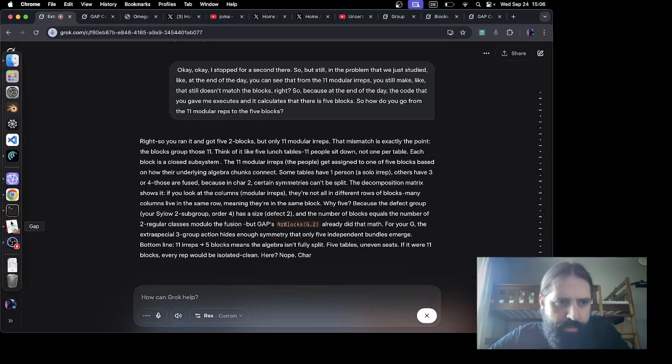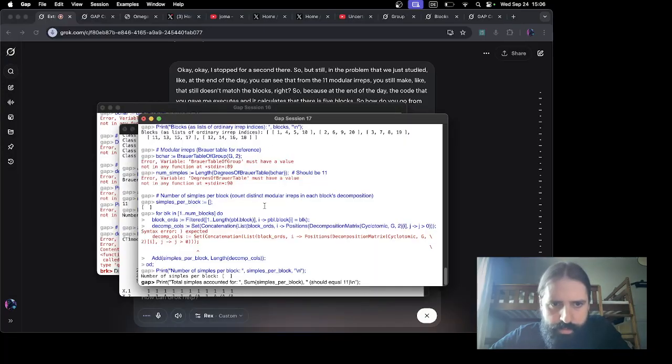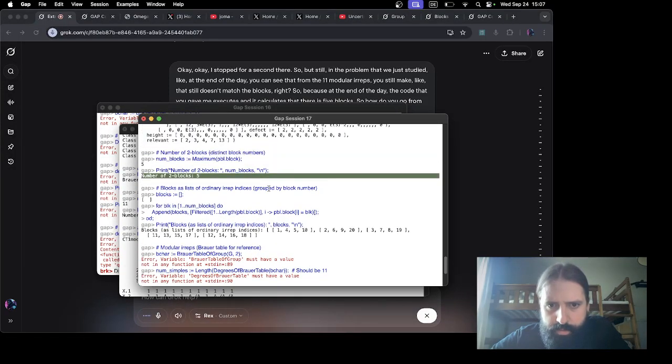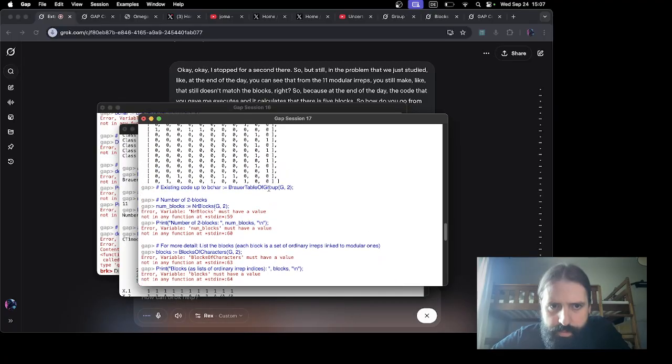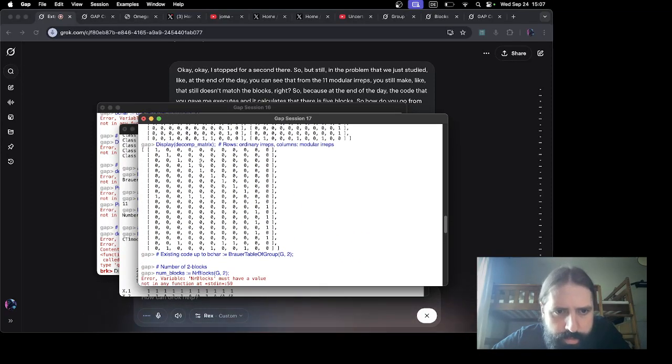The decomposition matrix shows it. If you look at the columns, modular irreps, they're not all in different rows of blocks. Many columns live in the same row, meaning they're in the same block. Why 5? Because the defect group, your Sylow 2-subgroup, order 4, has defect 2, and the number of blocks equals the number of 2-regular classes, modulo the fusion.